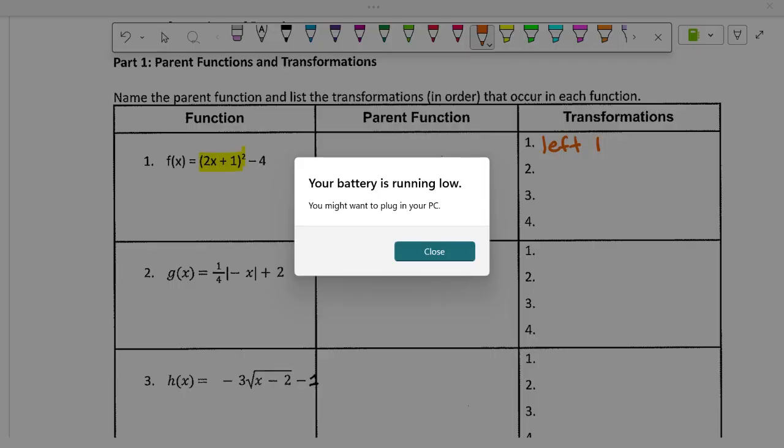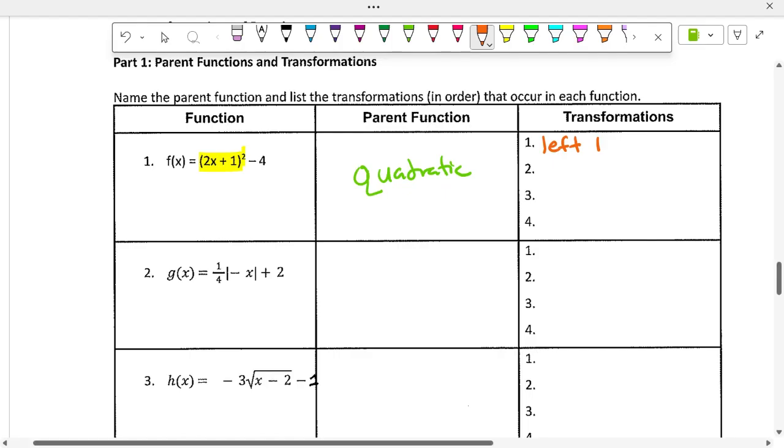With dilations you're not adding or subtracting something, you're multiplying something. What's the only place I'm multiplying anything? The 2. All right, so the 2 is my dilation number.